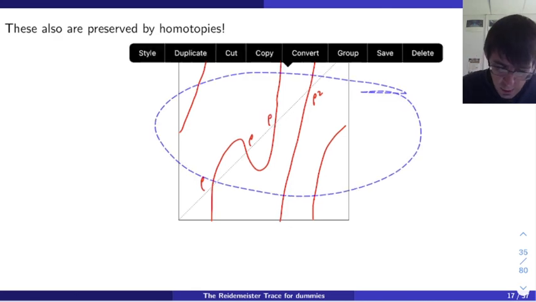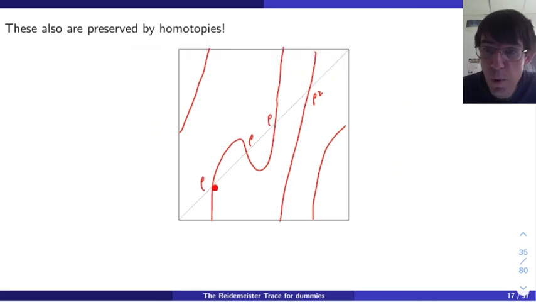Like, it took one winding to get to this point, and if I wiggle that point a little bit, it still takes one winding to get to that point. All right, so these things are an appropriate thing to consider in a topological fixed point theory because they are preserved by the homotopies.